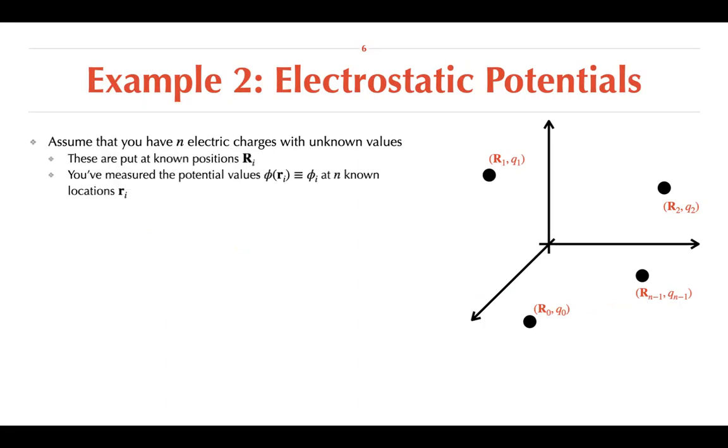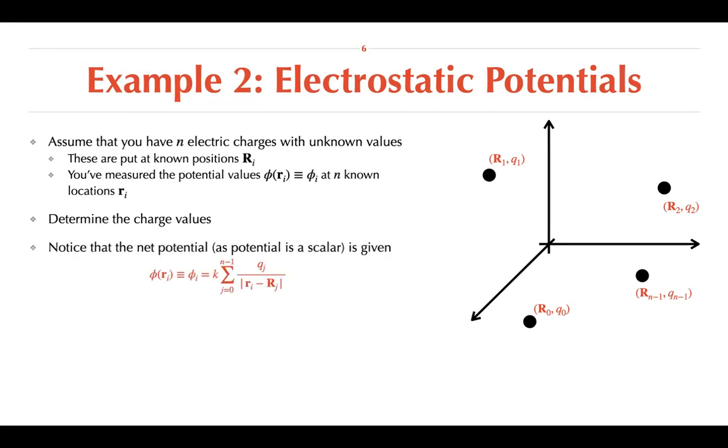Say you have also measured the potential at n points, and the problem is to find the values of the individual charges. This is pretty straightforward to formulate, because given that the potential is a scalar, you can just add the contributions up. This is the final value of the potential at any given point, ri.